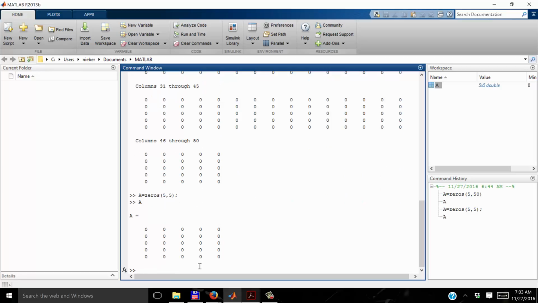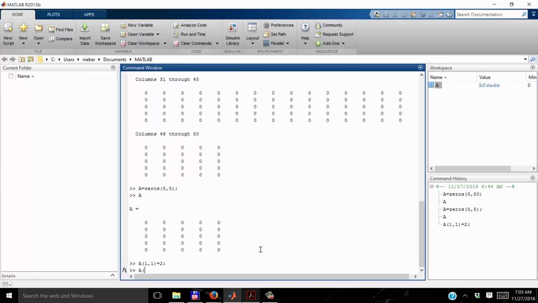So here's A. Now we know that the main diagonal of this matrix, which currently is 0, is going to have 2's in it, and then the off diagonal terms will be -1. So I can start this off by saying that A of 1, 1 is equal to 2. A of 1, 2 is equal to -1.